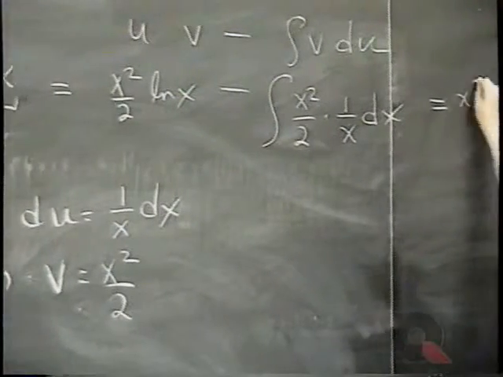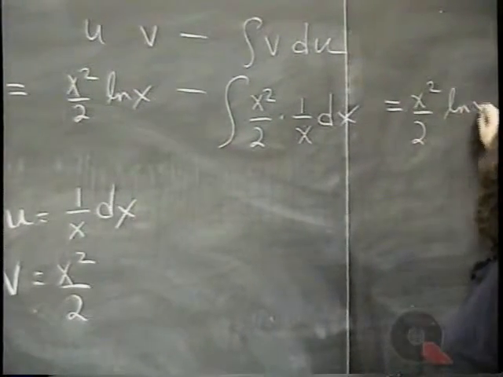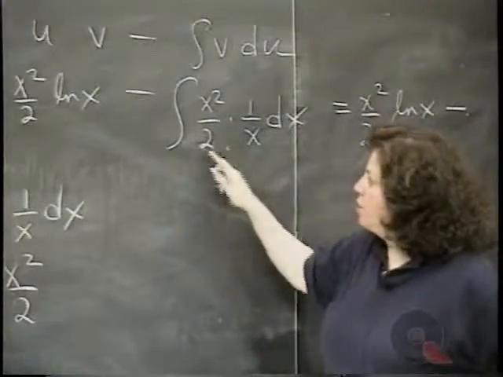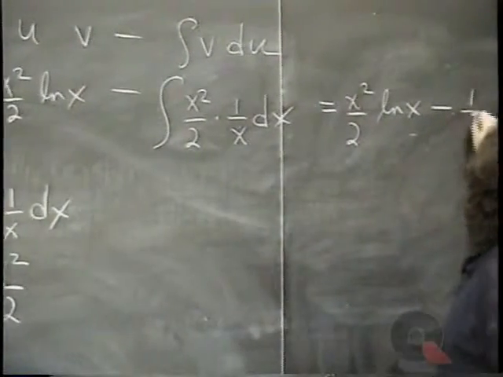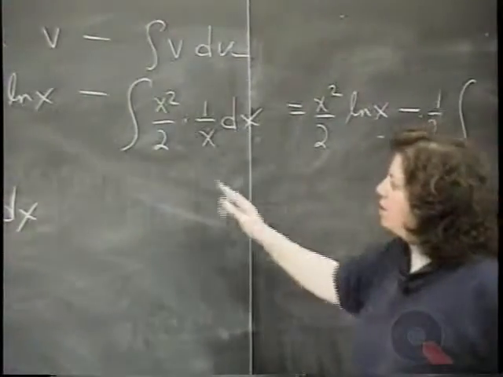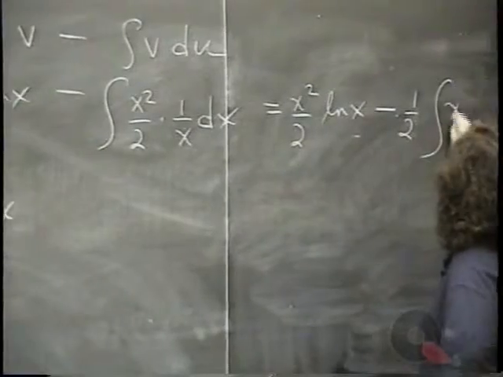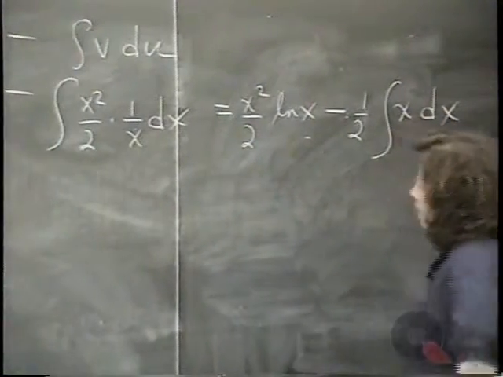We have x squared over 2 ln x minus, now, this 2 I can take out in front, minus 1/2 the integral of x squared over x, which just reduces to x, so the integral of x dx.